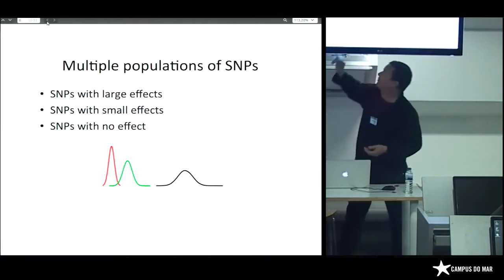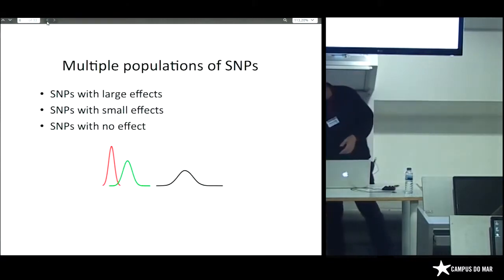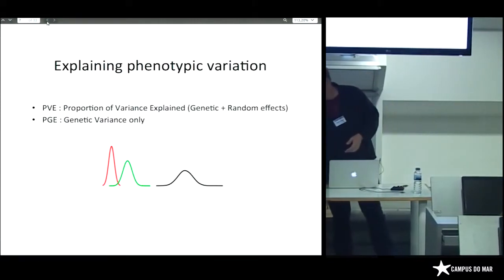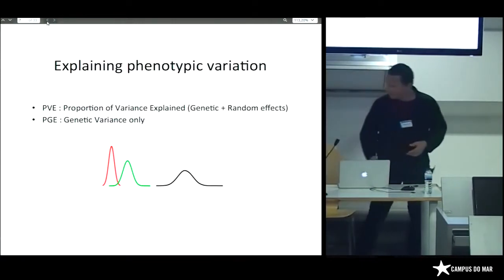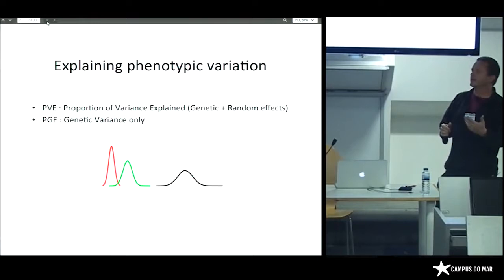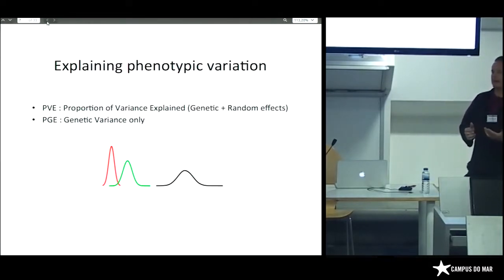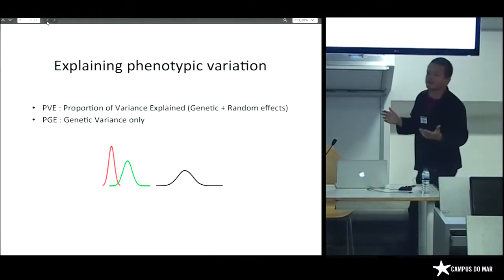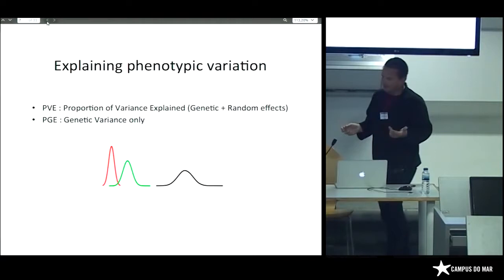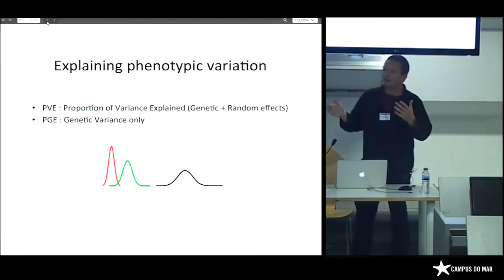And that's depicted here by these three different shaped curves. Okay, and what we want to do is try and explain the amount of the variance in a phenotype that is explained by the SNPs that have an effect and any other random effects, which is all those other SNPs that have no effect. And we want to explain the amount that is just associated with those SNPs of large effect.